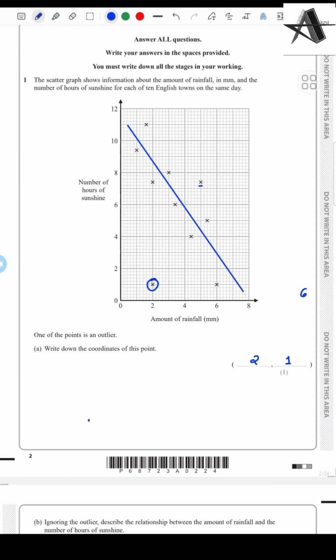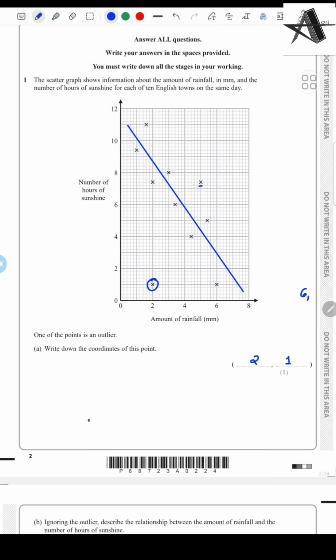So what we can deduce is that when the amount of rainfall increases, the number of hours of sunshine is decreasing. When it was 6, sunshine was lesser. Then when the rainfall decreases, the sunshine is increasing.